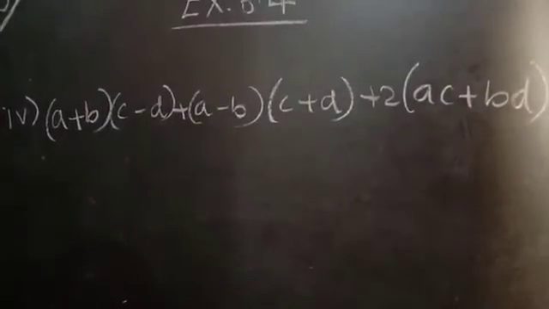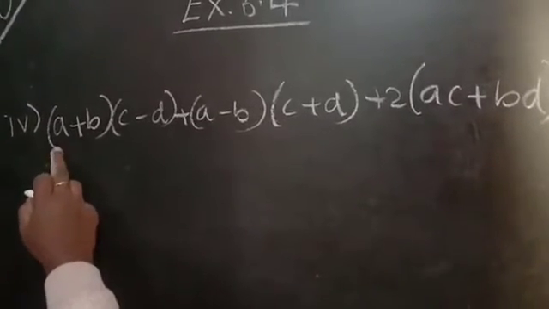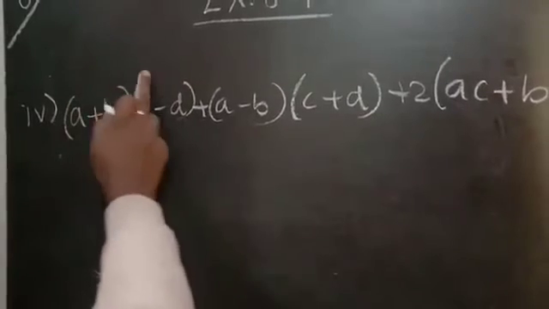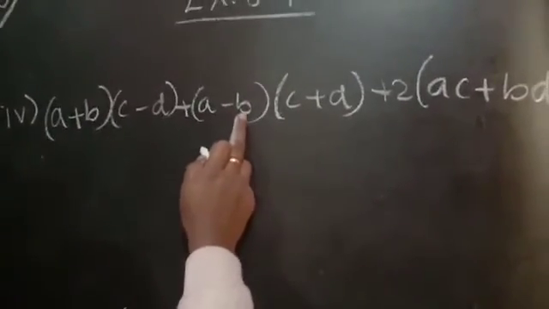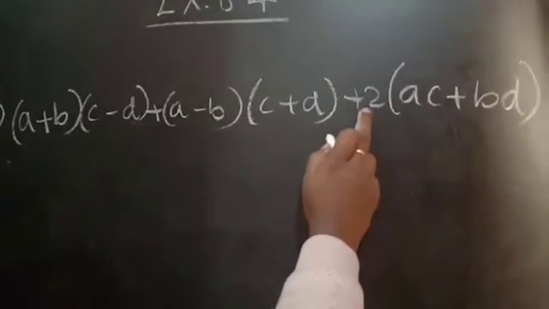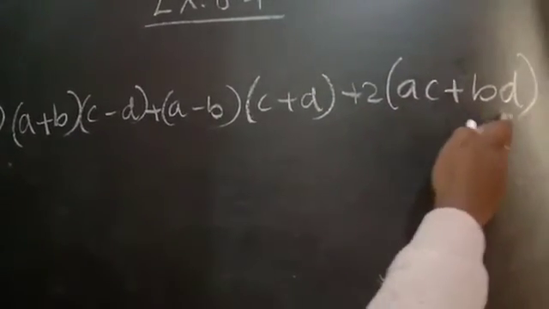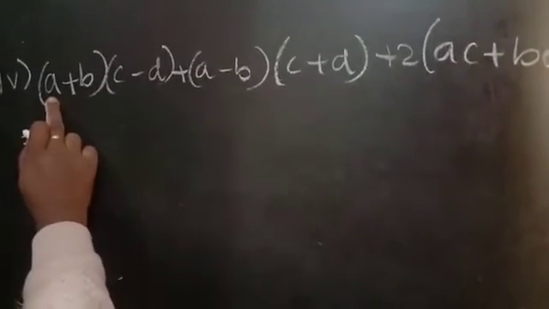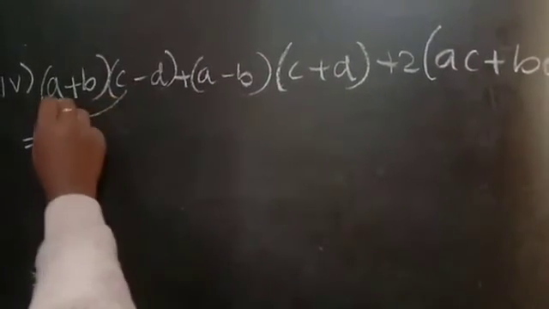Fourth one is (a + b)(c - d), we have one term. Then (a - b)(c + d), one more term we have. This is plus 2ac plus bd, one more term. So we have three terms. We have to multiply this a with the c and the d.